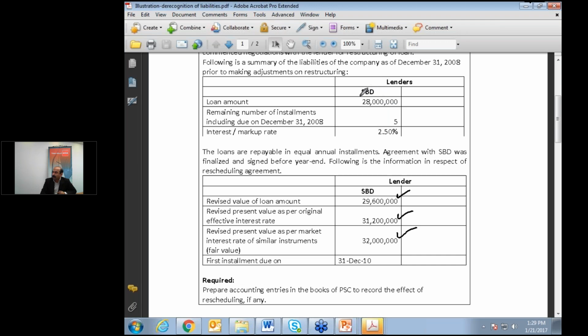See, this was the loan, and which one is the relevant amount? So this was the original loan, and this is revised present value as per original effective interest rate.